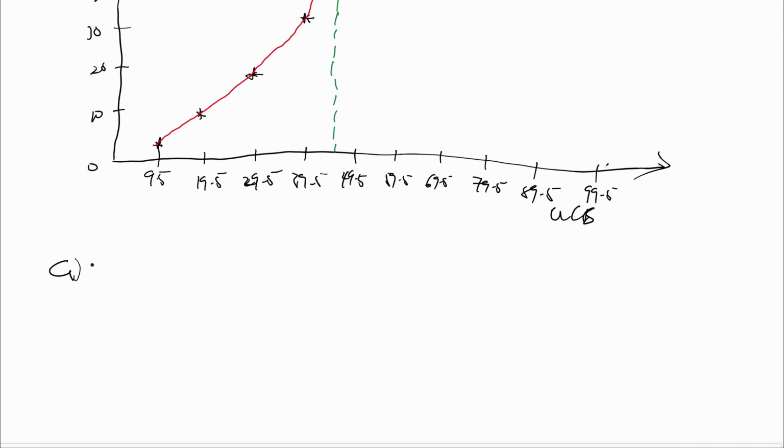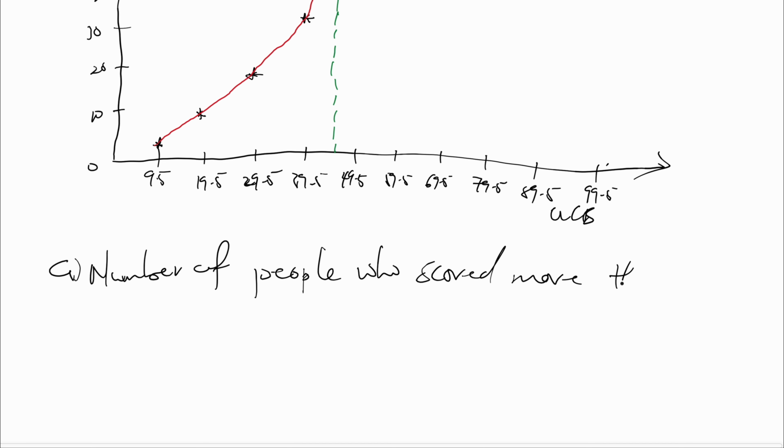So CI, the number of people who scored more than 45.5 will be 100 minus the number of people who scored less than 45.5, which is 42. And 100 minus 42 is equal to 58.